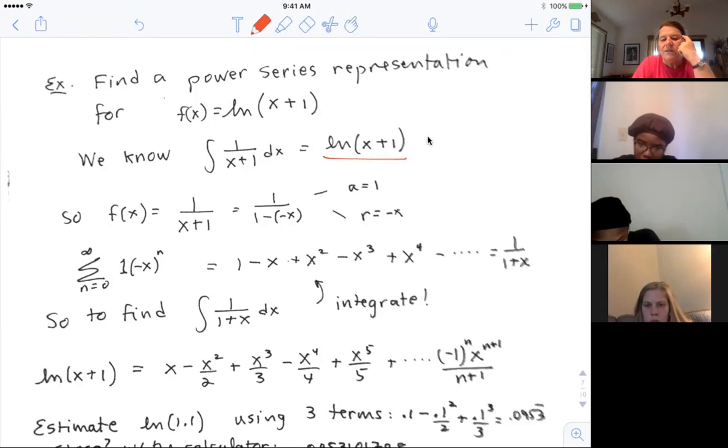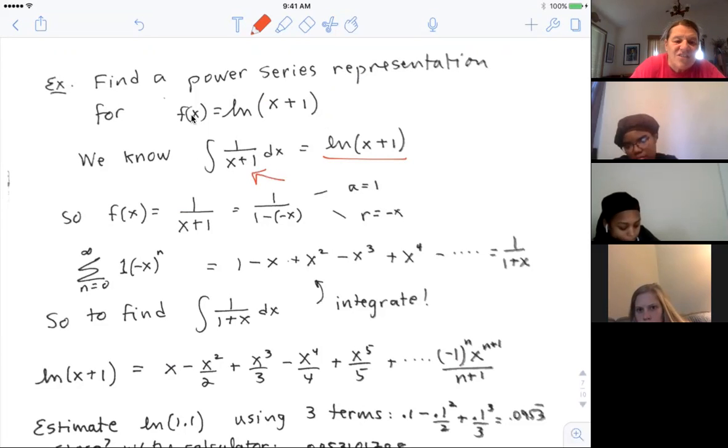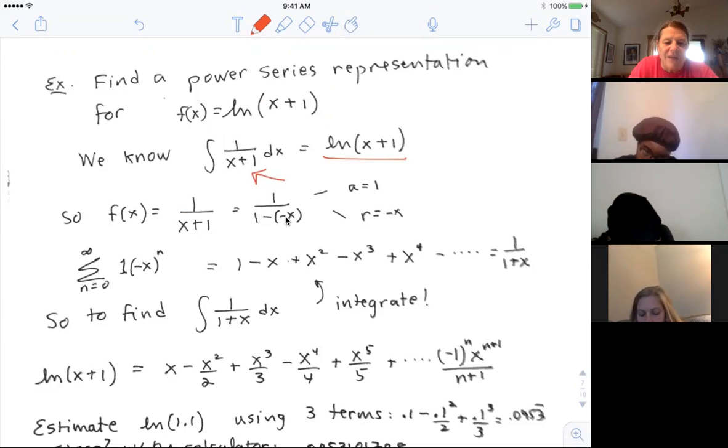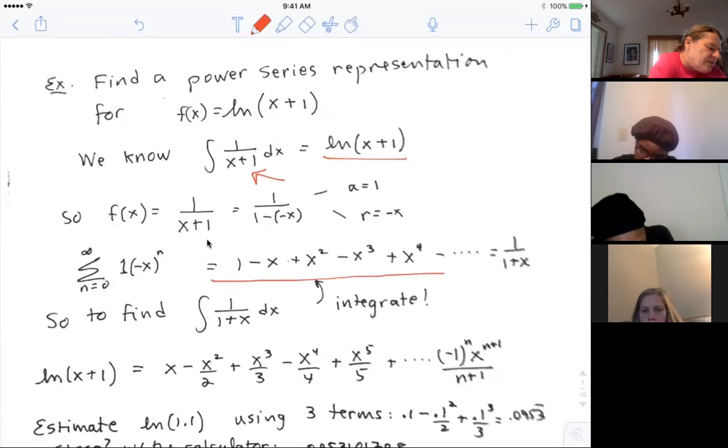Okay. Now, what I know then, and why this is important, is that this does look like a geometric series. And it looks like a geometric series where r is minus x. If I just turn this around and write it as 1 minus a minus x. So a is 1, and r is minus x. So I get this series right here. And again, that's for 1 over 1 plus x.